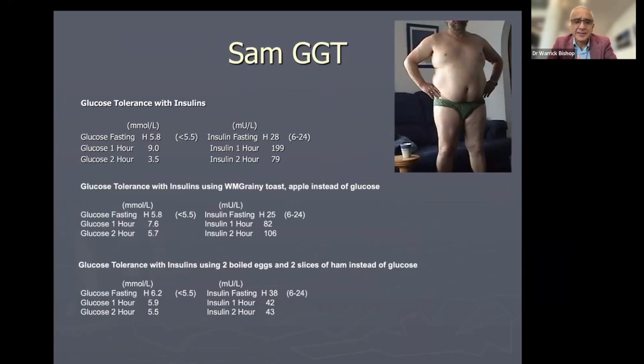This is Sam, again, one of my patients who was good enough to go through a glucose tolerance test with 0, 1, and 2-hour insulin and glucose with 3 different challenges: a glucose tolerance test, if you like, a healthy, grainy wholemeal toast and apple alternative instead of the glucose load, and a low carbohydrate challenge, 2 boiled eggs and 2 slices of ham.